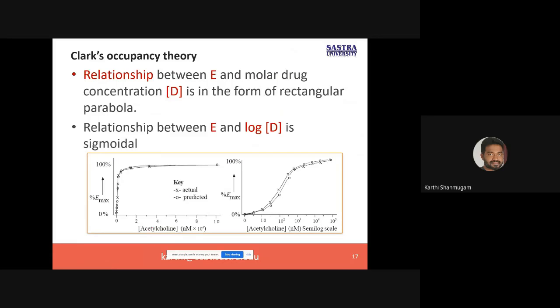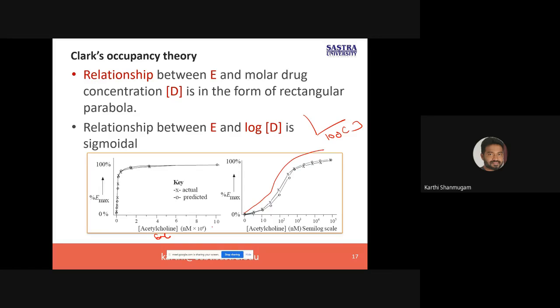So here, he made a plot between the concentration of the drug molecule on the x-axis and the biological response, Emax, on the y-axis. While plotting, you will get a plot like this. If you do the same for the log of the concentration of the drug molecule versus the response, you will get a sigmoidal plot.